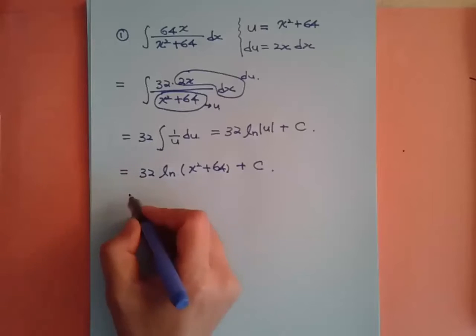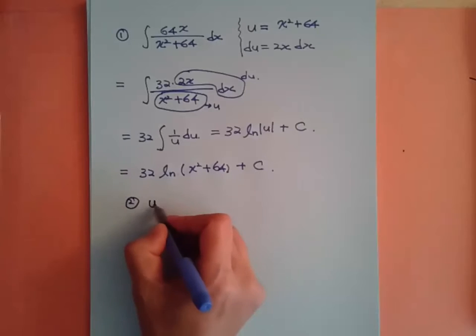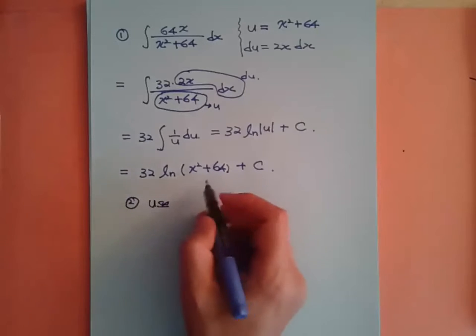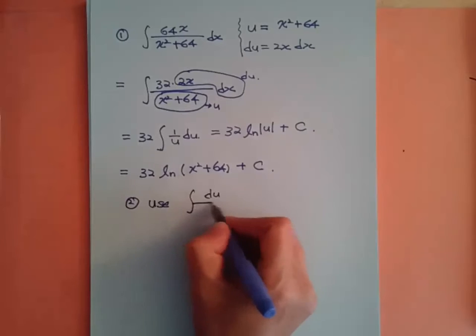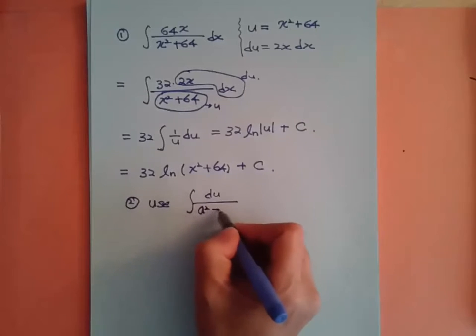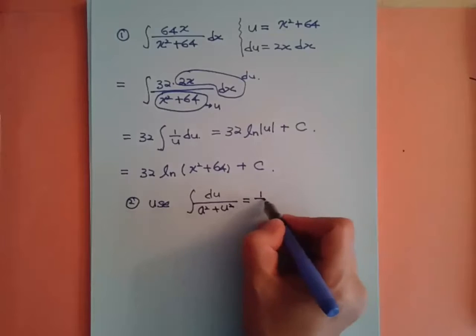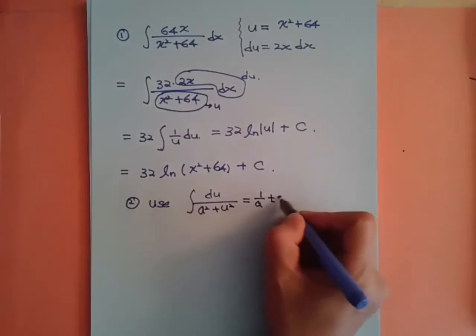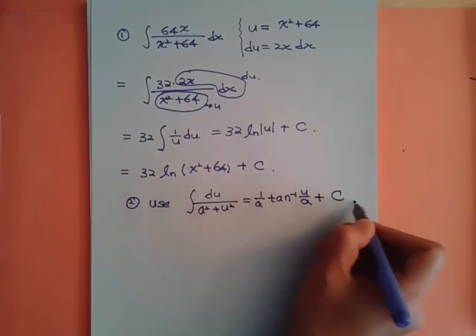All right, for the second one, we have to use the tangent inverse formula: the integral of du over a squared plus u squared equals 1 over a times tangent inverse of u over a, plus c.